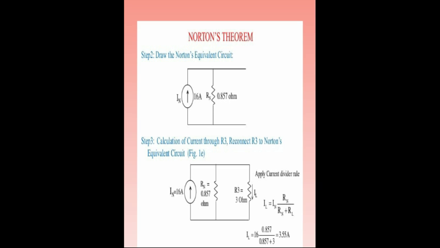So using the current division rule, the value of current in the 3 ohm resistance is IL equal to IN into Rn upon Rn plus RL. So IL is 16 into 0.857 upon the total resistance. So the value of IL is 3.55 ampere.